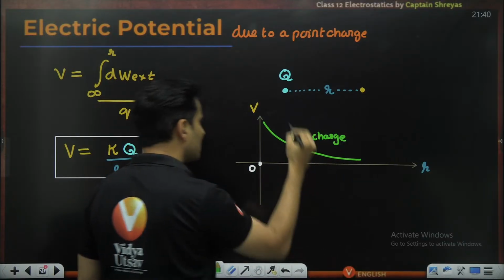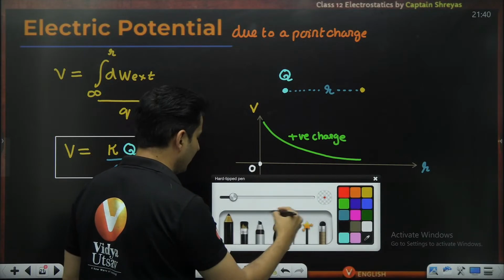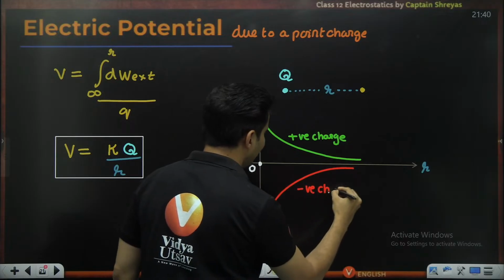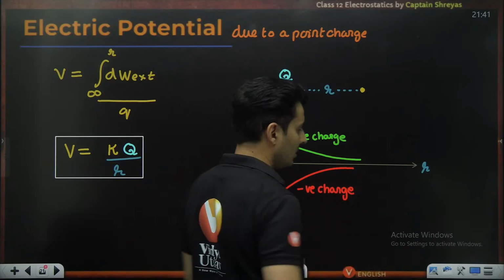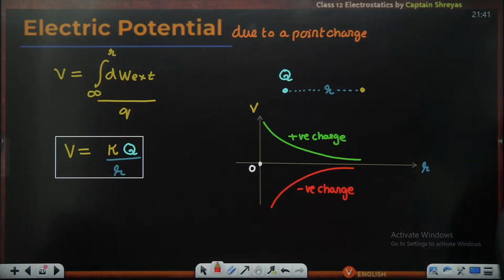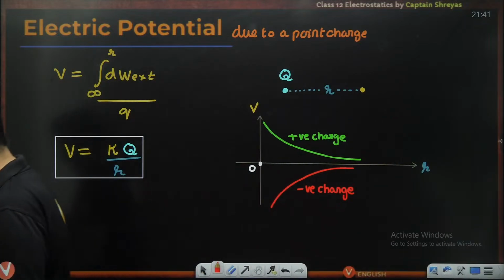But if the potential is measured for a negative charge, all the values will be negative. So keep that in mind. Everything will be negative. This is for a negative charge. Is this absolutely clear? Everyone, for a negative charge, everywhere it will be negative.